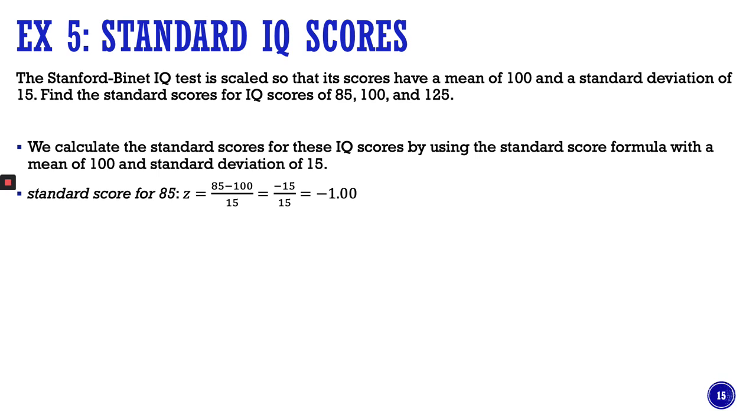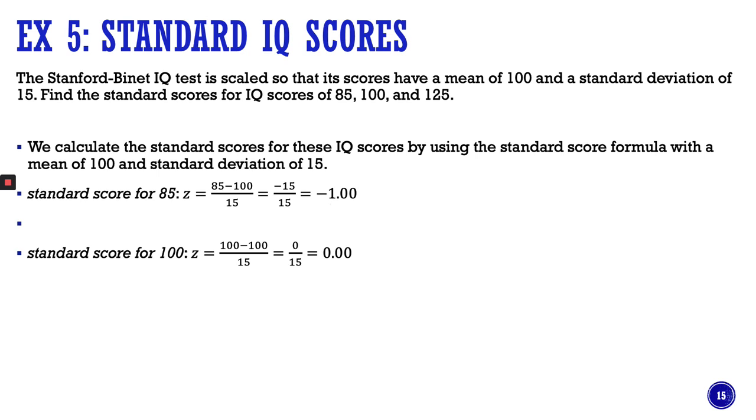So remember our formula. The standard score is z equals our score of 85 minus our mean, divided by the standard deviation. So at the top, 85 minus 100 is negative 15, and make sure you put them in the right order. Divided by 15, that equals negative 1.